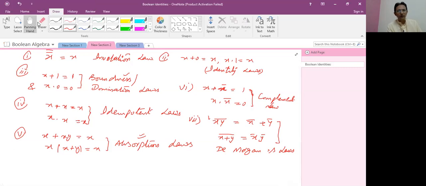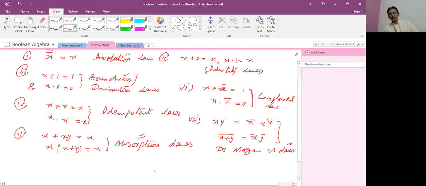And when we consider (xy) whole complement, where x and y are different variables, it equals x complement plus y complement, or (x plus y) whole complement equals x complement into y complement. These laws are called De Morgan's laws.